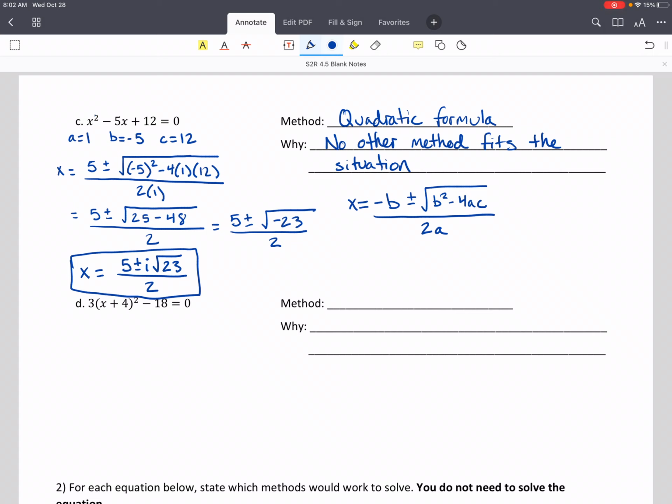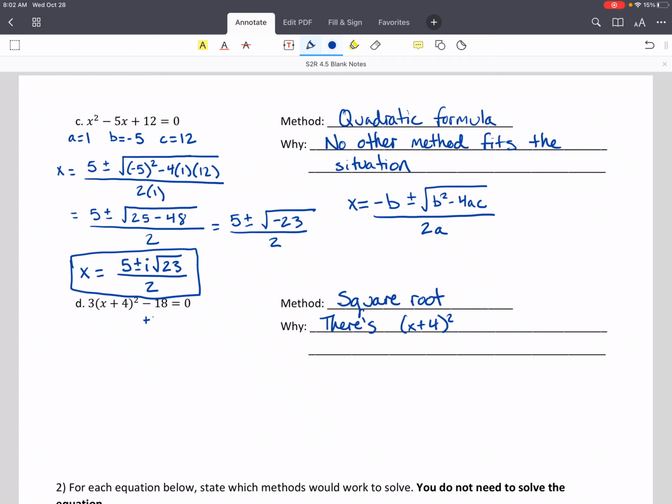And part D, I'm just going to show we're going to do a square root method because look, we have this being squared. The only x that's there is being squared in some capacity. So we're going to work backwards through order of operations.